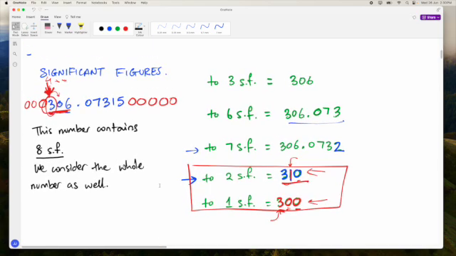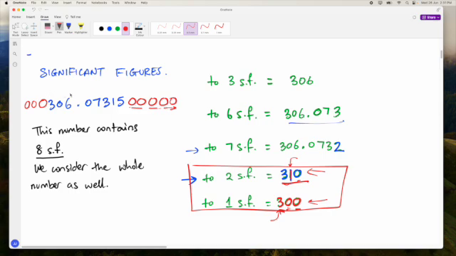This is just a little recap of rounding, because now what we're really talking about here is significant figures and what is the difference between decimal places and significant figures. You can see I have the same number here, 306.07315, with a whole bunch of zeros after the 5. When we come to decimal places, any zeros that you have after the last number don't really matter.